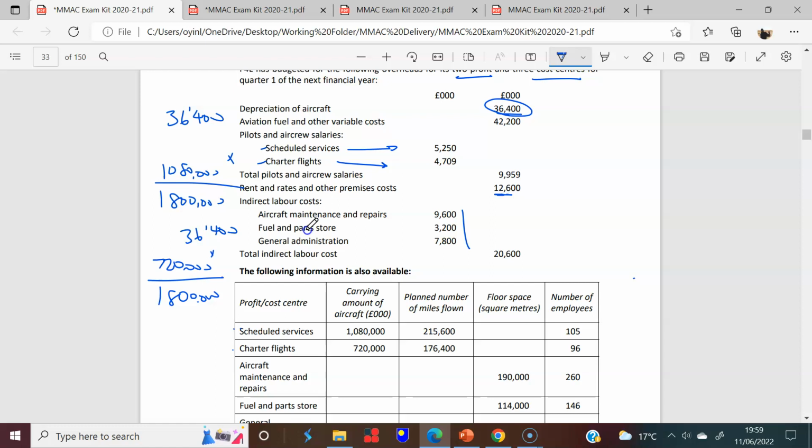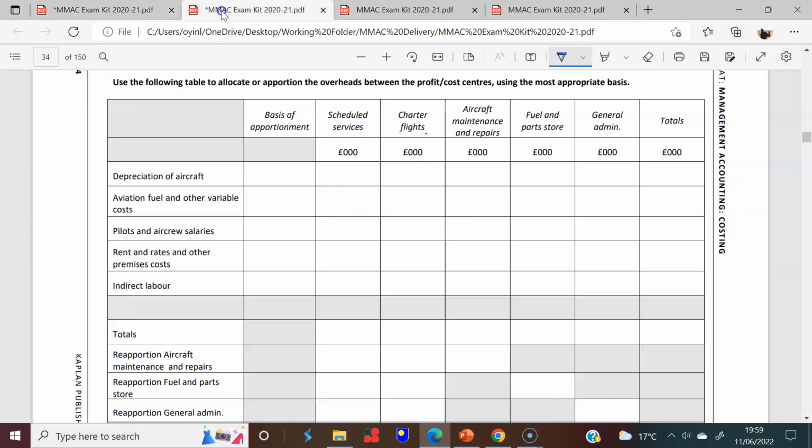Where has my calculator gone? Yes, here it is. Right. So very quickly, 1080 divided by 1800 times 36,400 is 21,840.